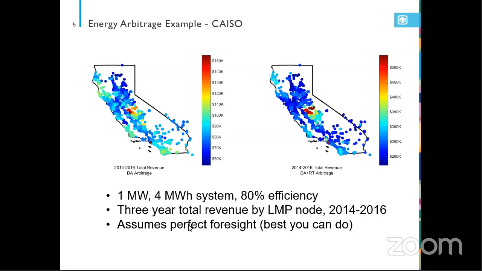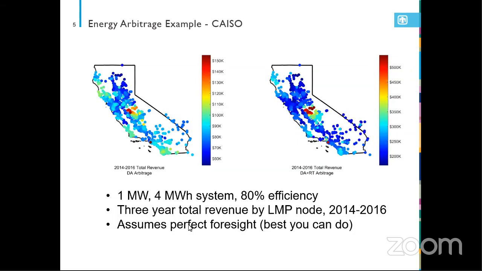And if you look at the total revenue in these charts, it's really not that much. So on the left is just day ahead market arbitrage. The best nodes are the red ones, and you're looking at maybe $150,000 over 3 years. Considering a 1 megawatt 4-hour system will cost you a couple million, it doesn't even begin to make sense.